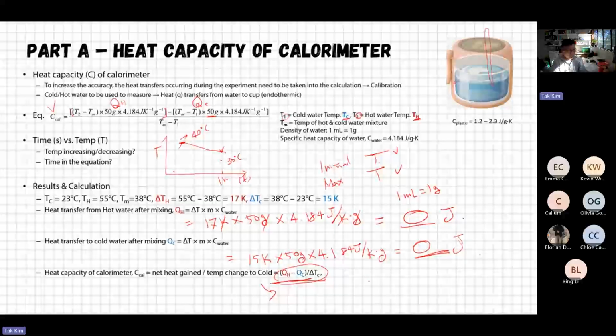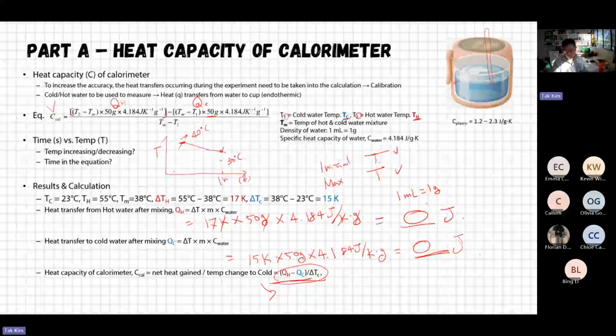So when you do it, let's just do a quick calculation because I don't want to skip this process. So 17 times 50 times 4.184.